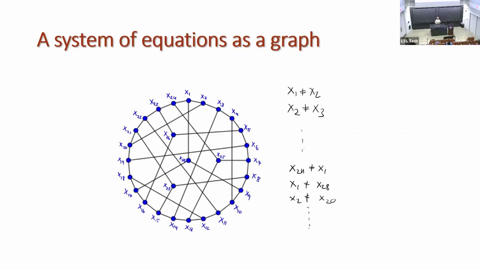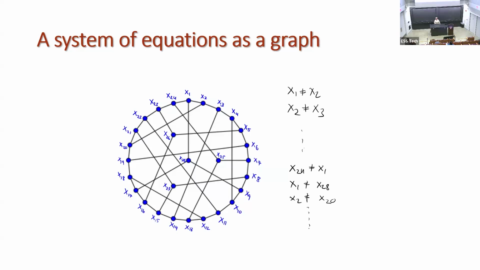So here is a picture of how to view a system of equations in terms of a graph. I basically have a lot of inequalities. And for every inequality between two variables, I put an edge in the graph.